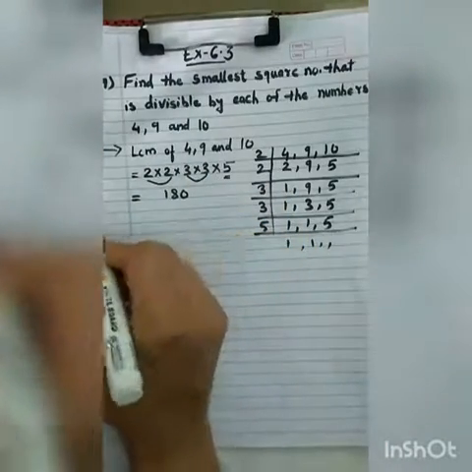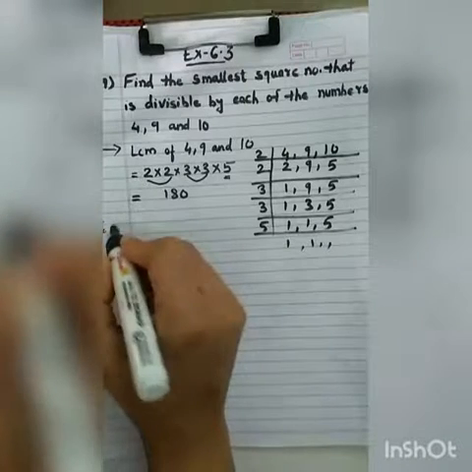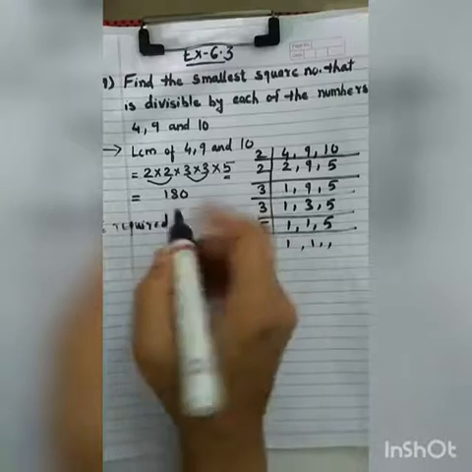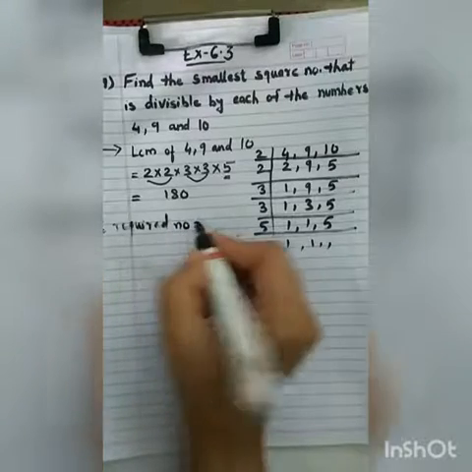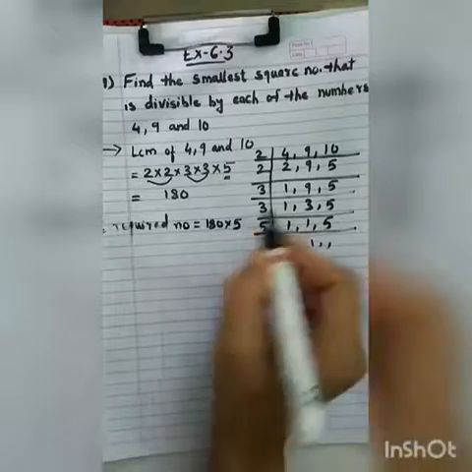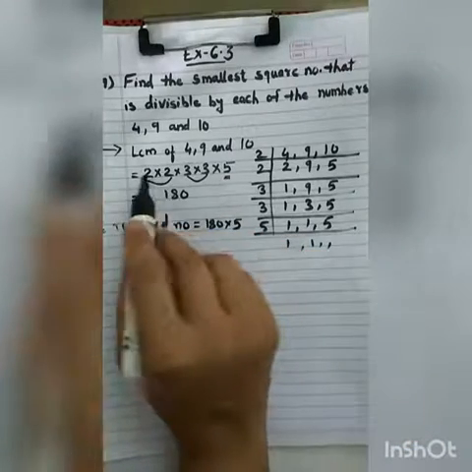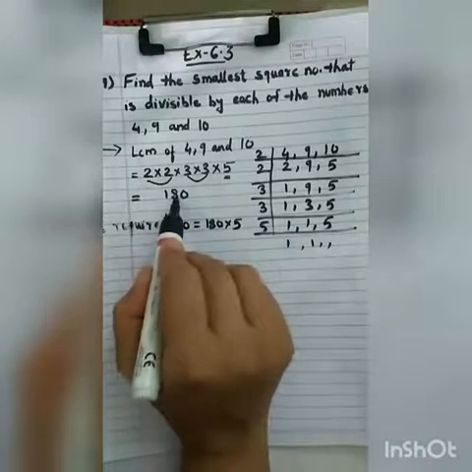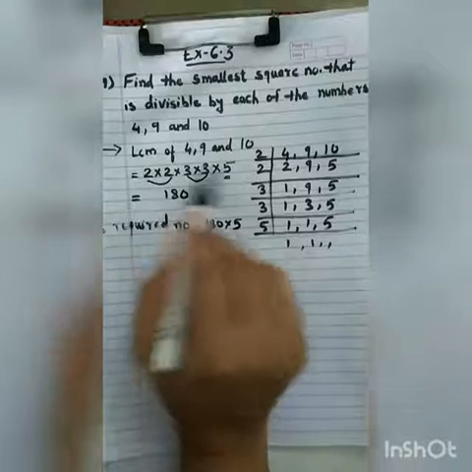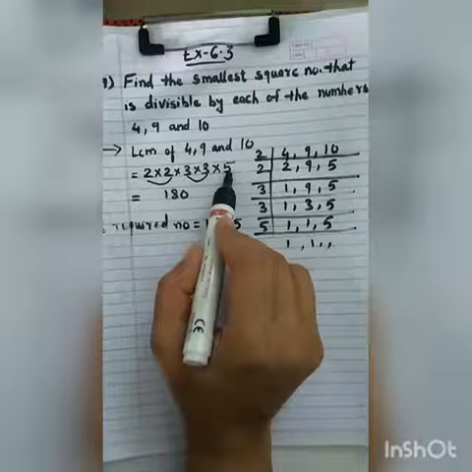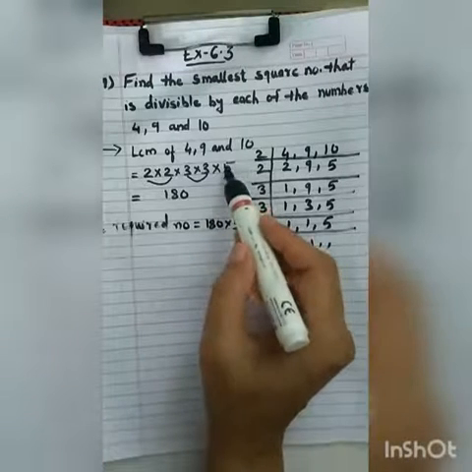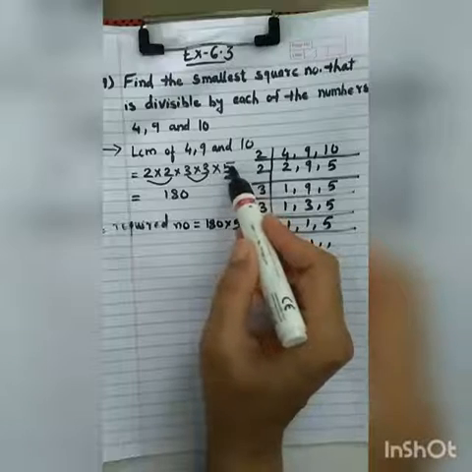Therefore, what will be our required number? Our required number is 180 multiplied by 5. As we found, the LCM is 180, but it is not a perfect square because this 5 is unpaired. To make this 5 paired, we have to multiply by 5 here.